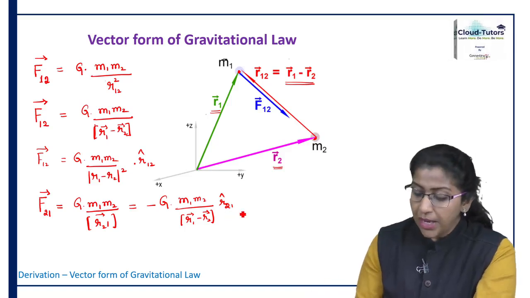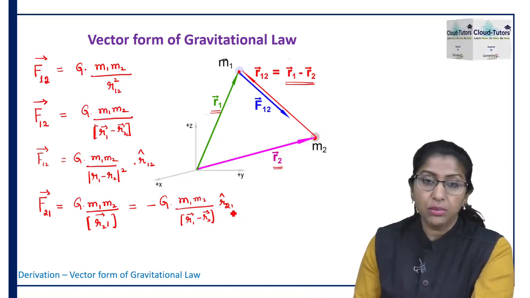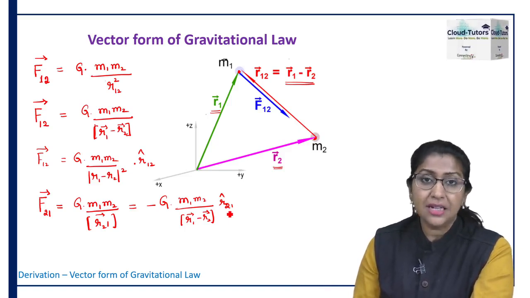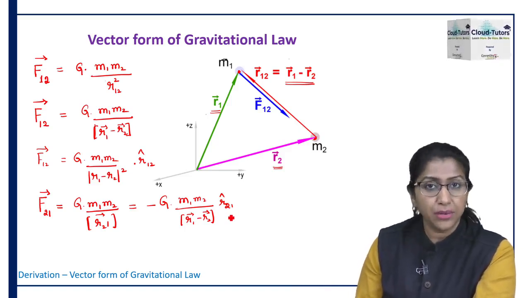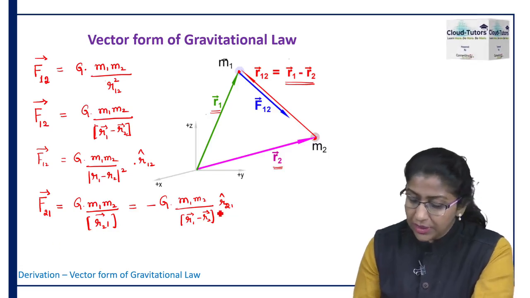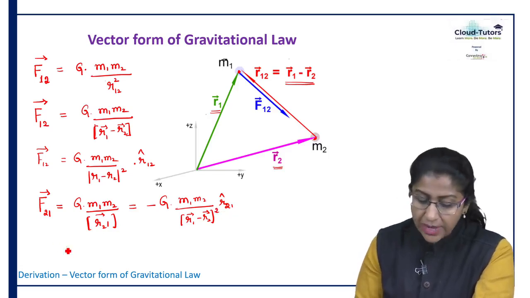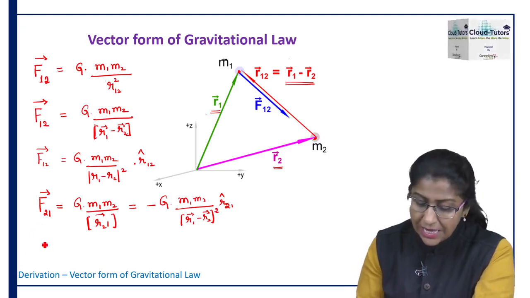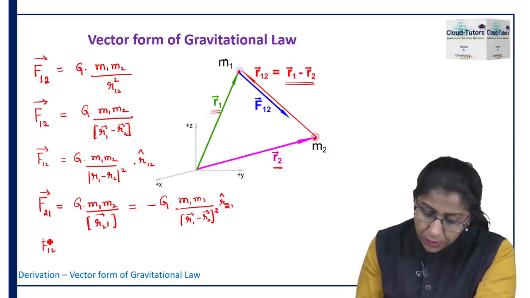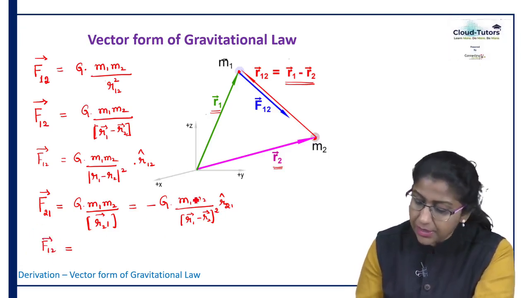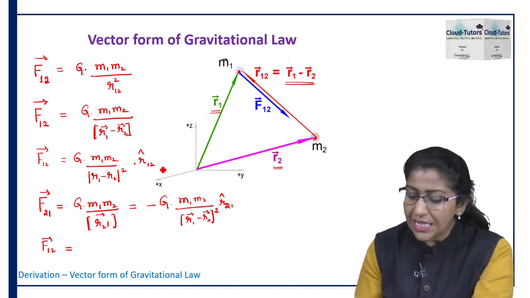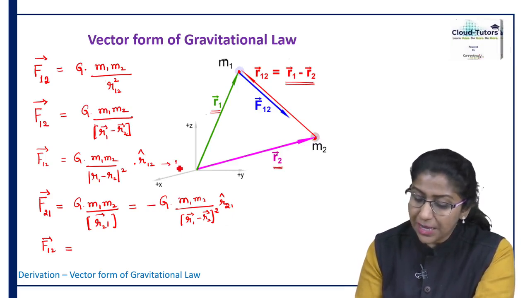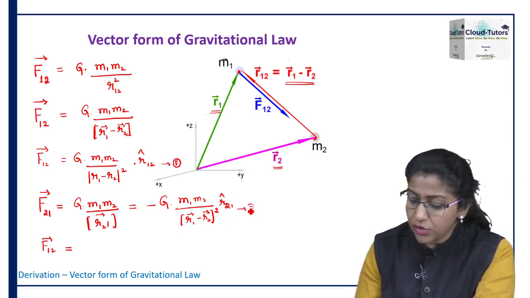Correct? Now R21 cap is the unit vector along the direction of R21 vector. Please do not forget the squares here. As you can see, except for the negative sign, everything else is the same in equation 1 and equation 2.